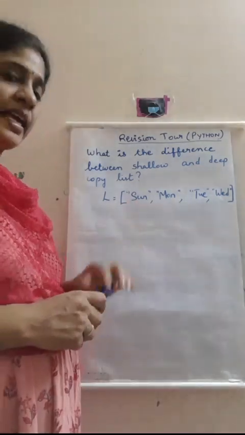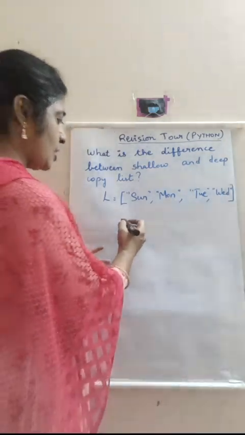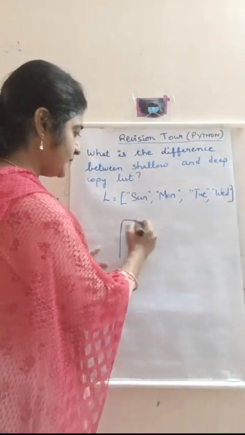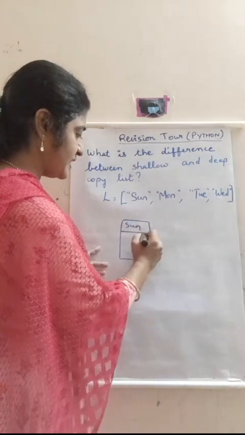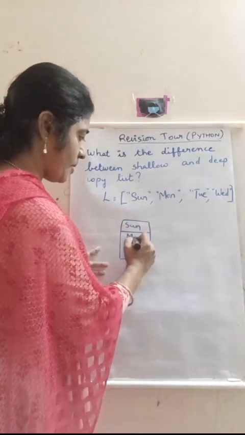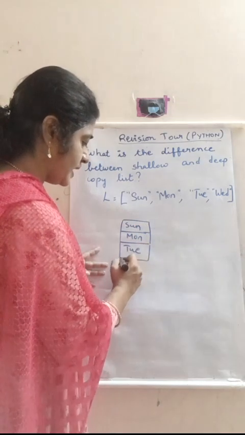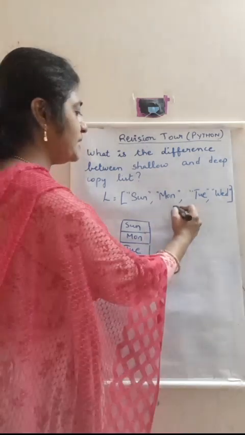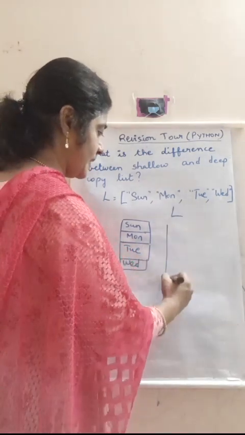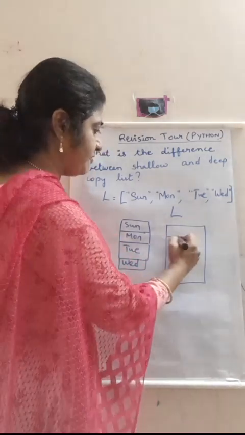Now see how exactly it is stored in the memory. Sunday, Monday, Tuesday and Wednesday will be stored, and what will be stored in L are the references.